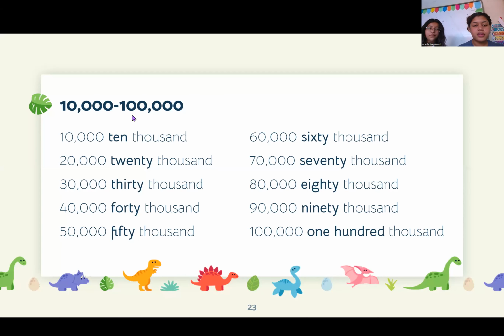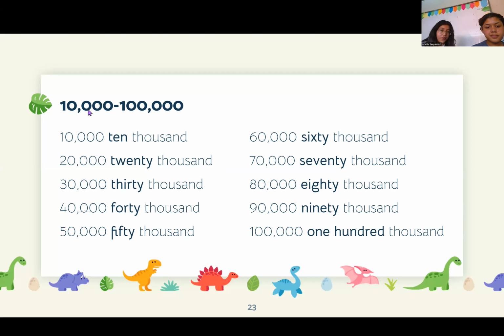Now we're going to work on 10,000 to 100,000, and that's where we stop. Okay, so we have 10,000 through 100,000. And like the other ones where they follow the same 1, 2, 3, 4, 5 structure and adding on the last unit, this one will be the same except with the tens.